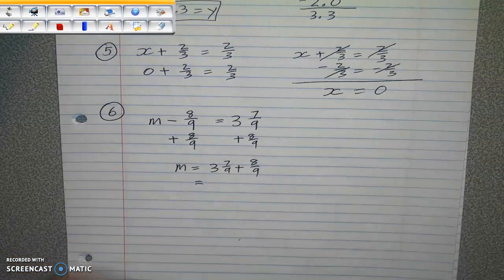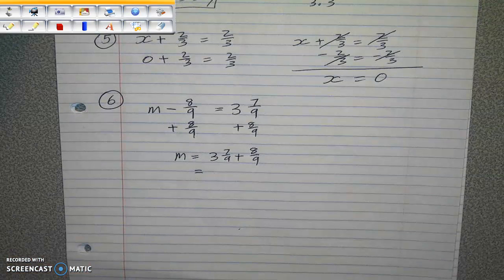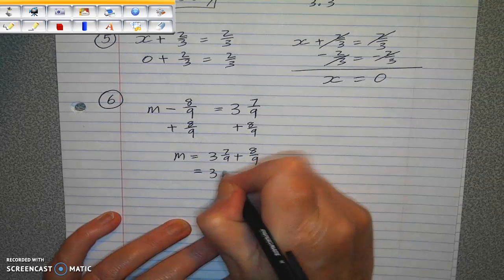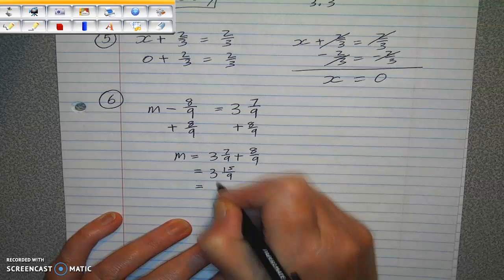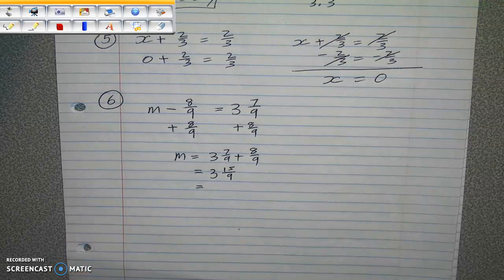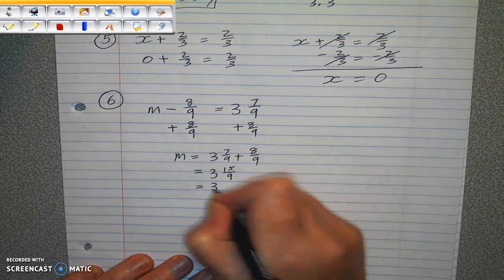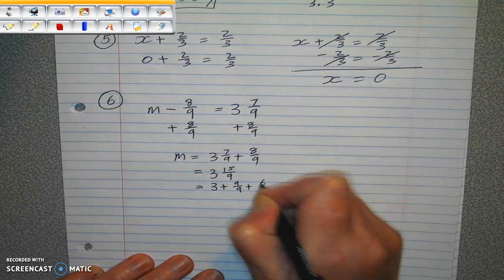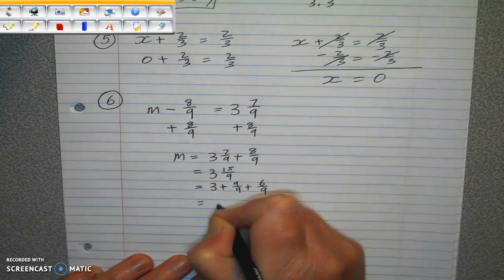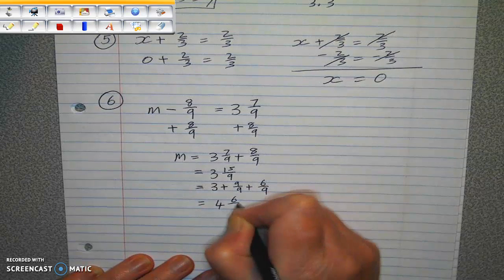And now we just need to manage those fractions over on the right-hand side. So 7/9 plus 8/9 is 15/9. But 9/9 makes a whole, so it's really 3 plus 9/9 plus 6/9, which is 4 and 6/9.